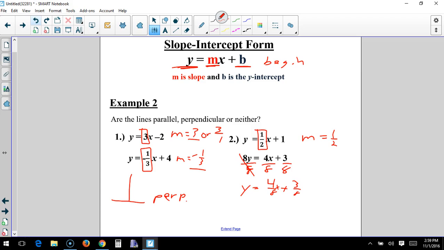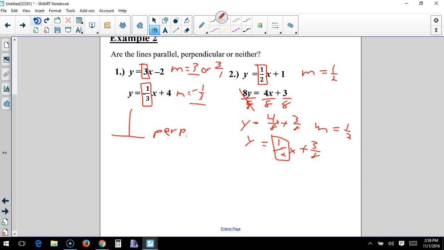Well, 4 over 8 is the same thing as 1/2. M is 1/2, which means these two are parallel. You've got to put it in proper form and reduce so you can compare them.